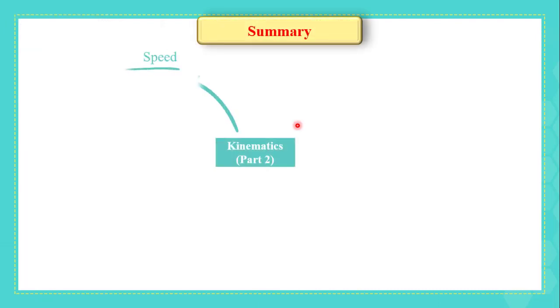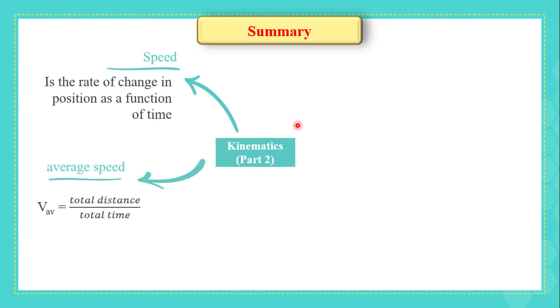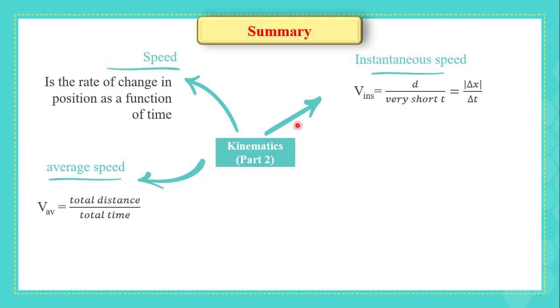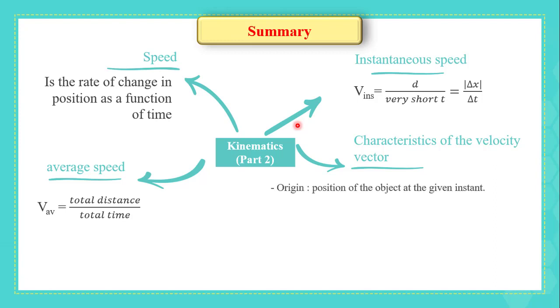In this video, we've learned that speed is the rate of change in position as a function of time. The average speed is calculated by dividing the total distance by the total duration of time. The instantaneous speed is calculated by dividing the total distance covered in a very short interval of time by the total interval of time. The characteristics of the velocity vector are the origin, which is the position of the object at the given instant; the line of action, which is always along the trajectory; the direction, which is in the direction of motion.